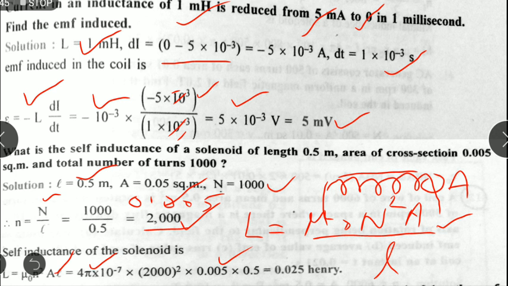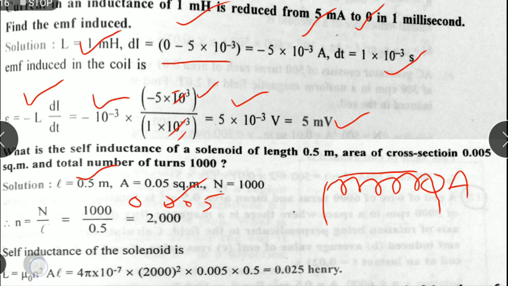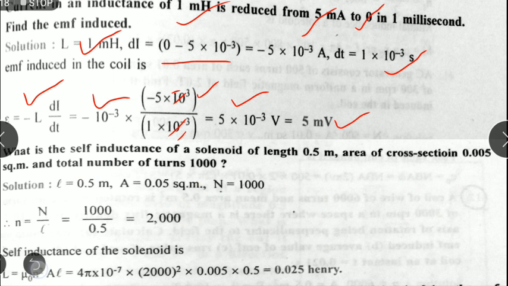If it is capital N, substitute 1000 square of that, into A, 0.005. And finally, the L value: in this formula, substitute in the denominator, that is 0.5. So finally, what will I get? 0.0025. Okay, these are a few problems on self inductor and self induction.